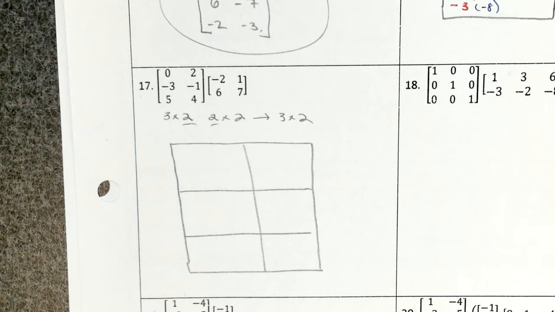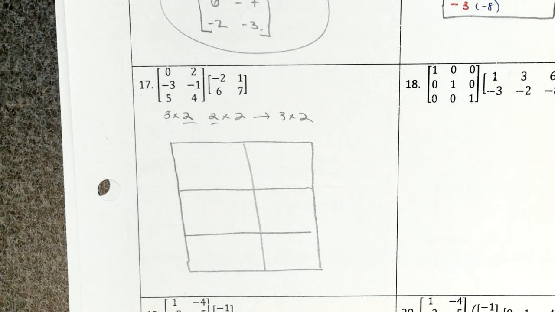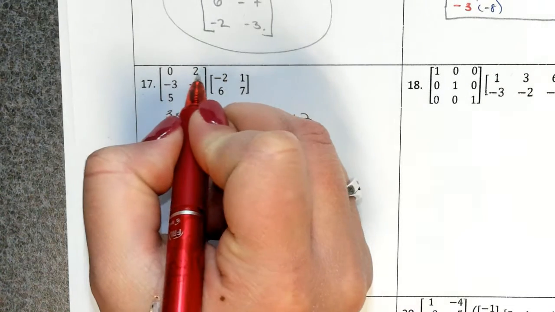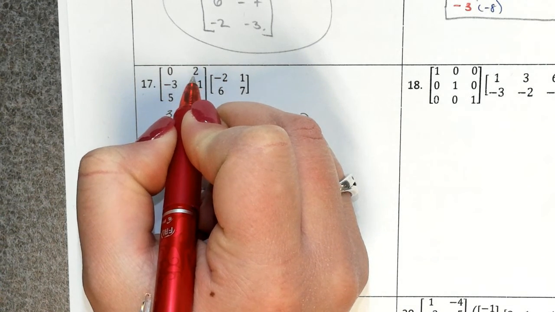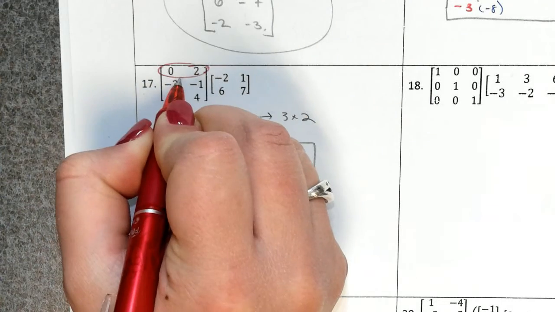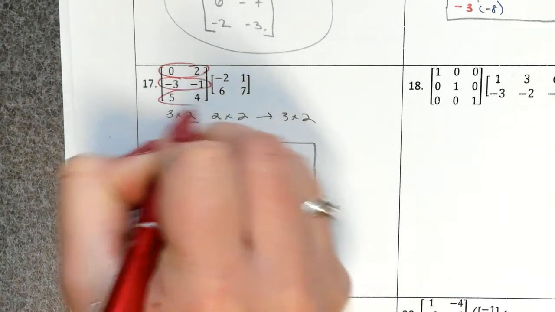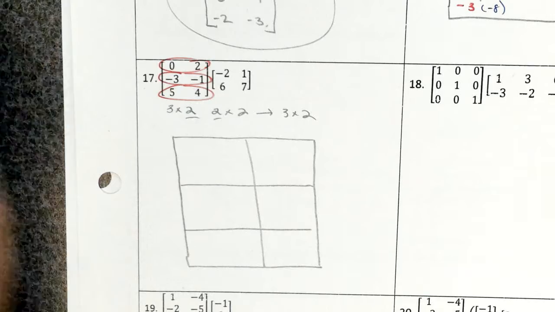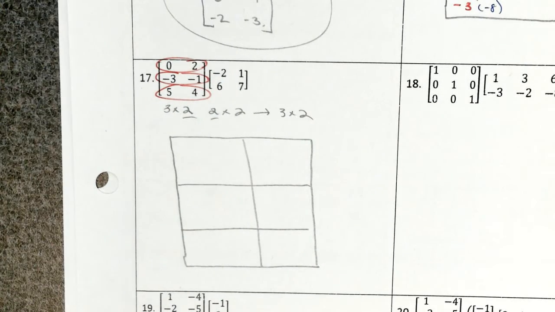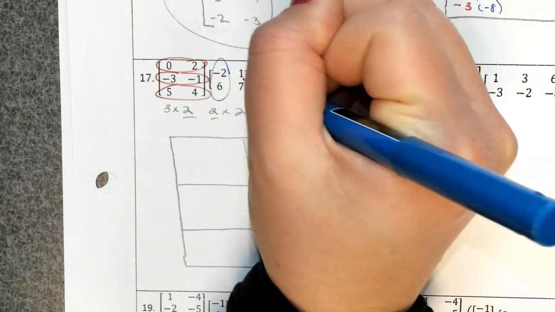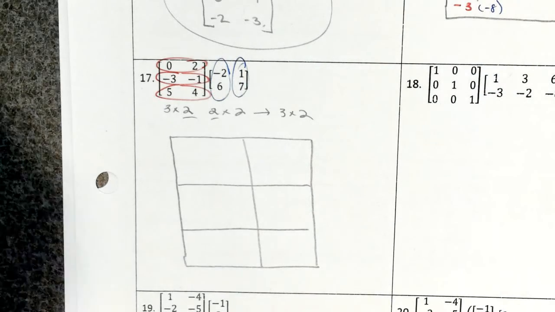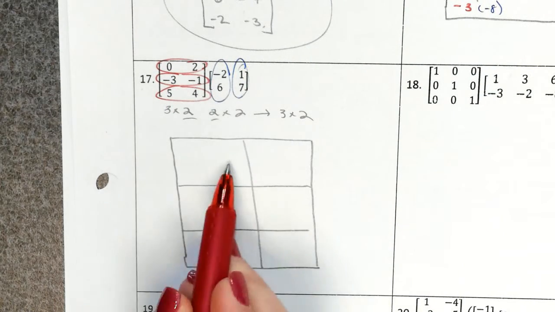Okay. What do I circle in the first matrix there? 0 and 2. So that's a row. Yeah, the row. And then the next row and the next row, right? Okay. Then what do I circle in the second box? -2 and 6, and then the 1 and the 7. Good. So I have 3 rows.